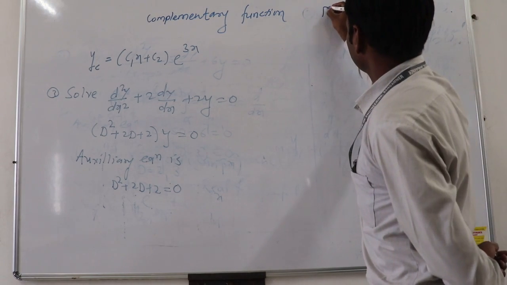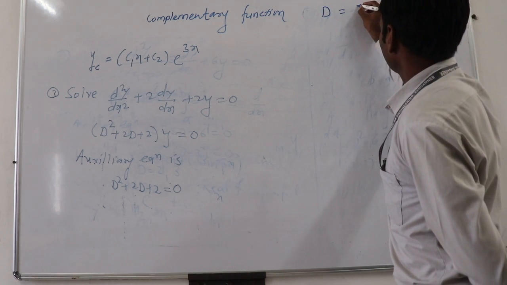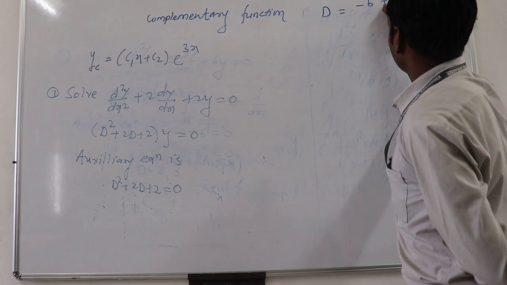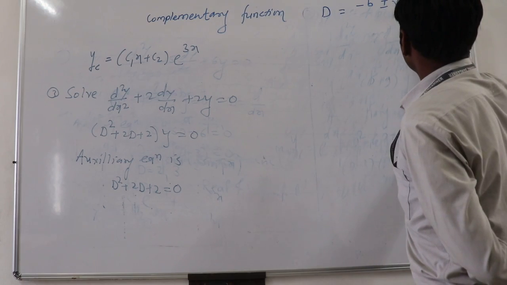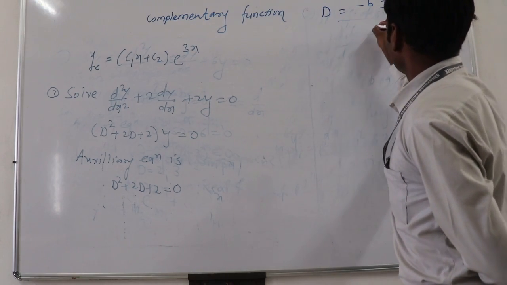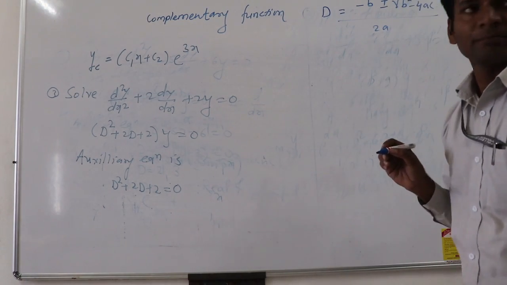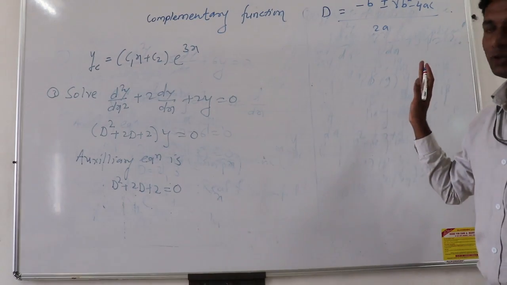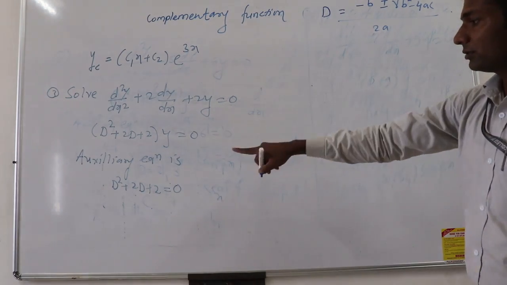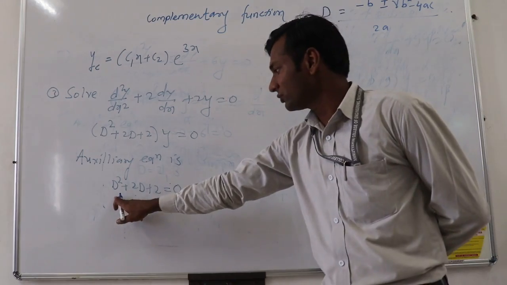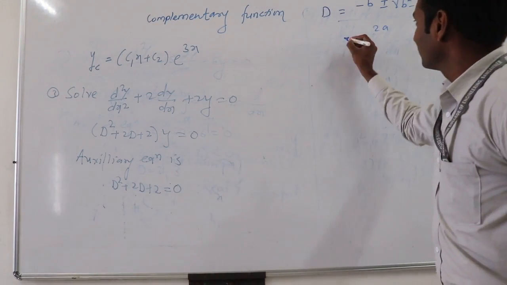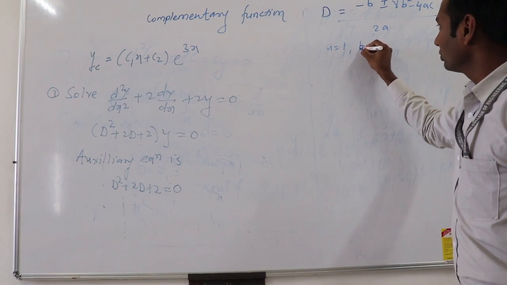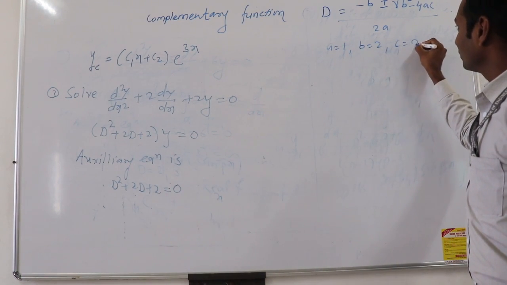For finding roots, d is equal to minus b plus minus root of b square minus 4ac upon 2a. This is the formula for finding roots. So our equation is d square plus 2d plus 2. So our a is 1, b is 2 and c is again 2.